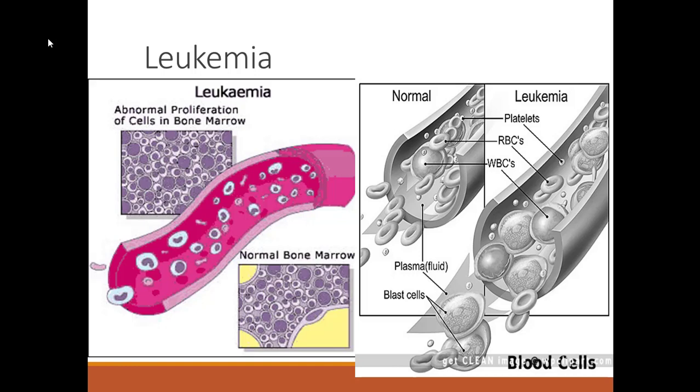Here you can see the effect that all the immature white blood cells have on the normal amount of the normal blood.